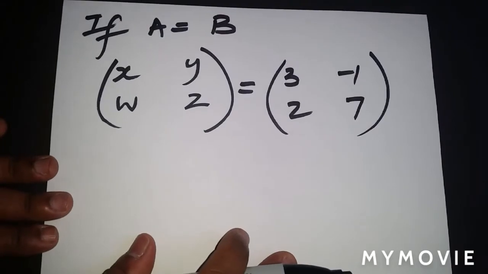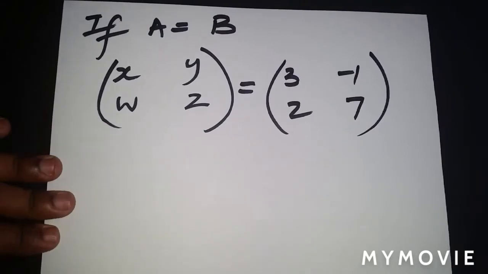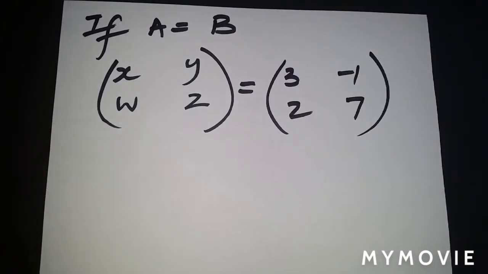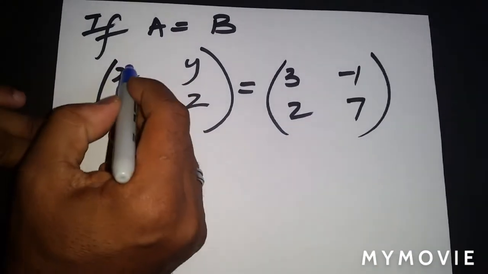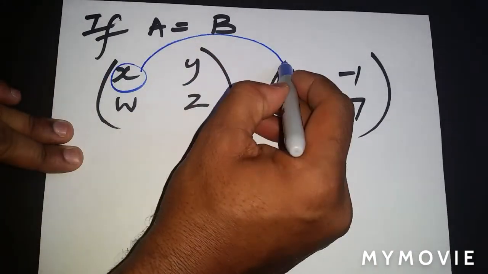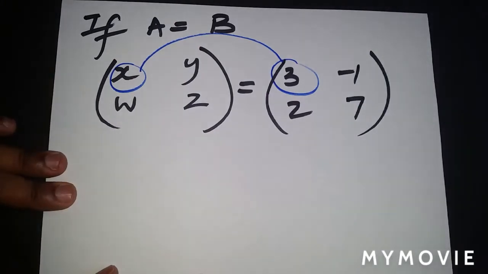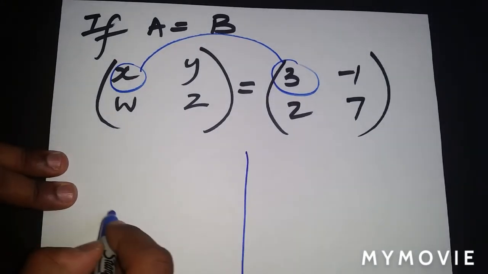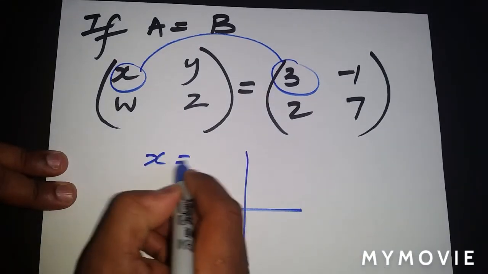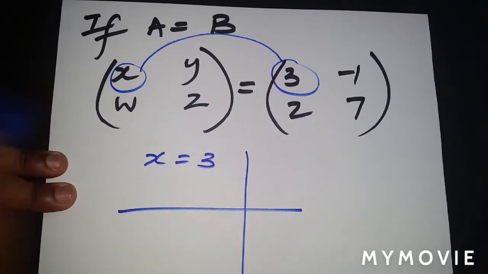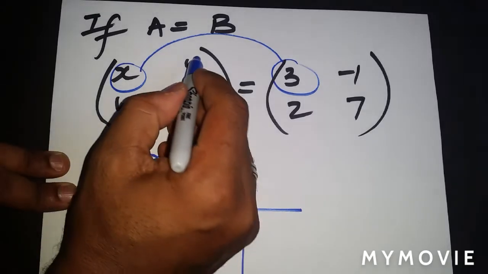It says if two matrices are equal, then the corresponding elements are of the same value. So this here corresponds with 3. It therefore means that X is equal to 3. So I found the value of one letter.